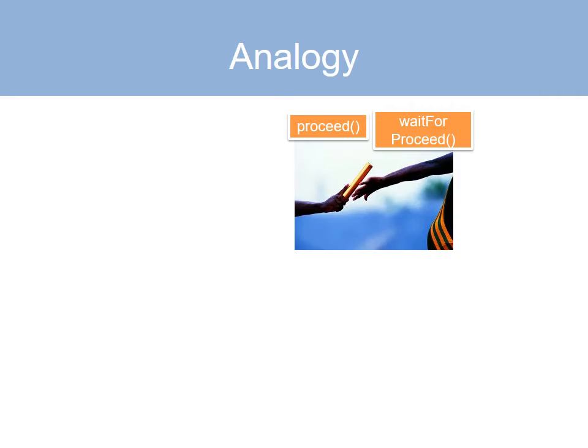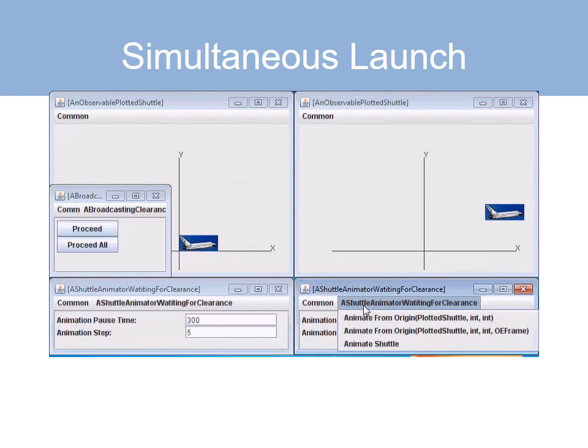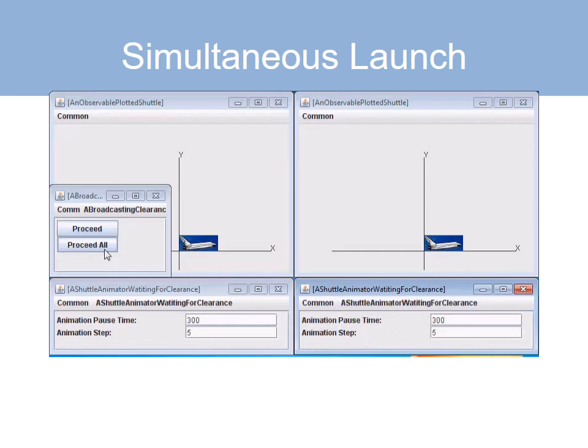Okay, and then let's look at notify all. So again, I make the first shuttle wait, the second shuttle waits, then I do proceed all, and they all get notified. So this is again showing you exactly how the notify all method works in Java, or at least see its effects.